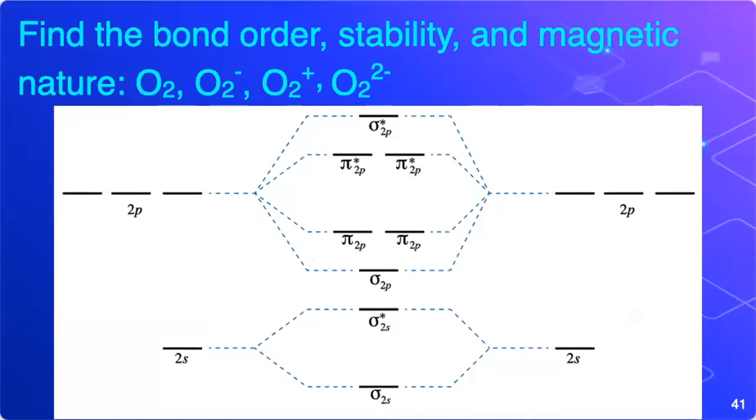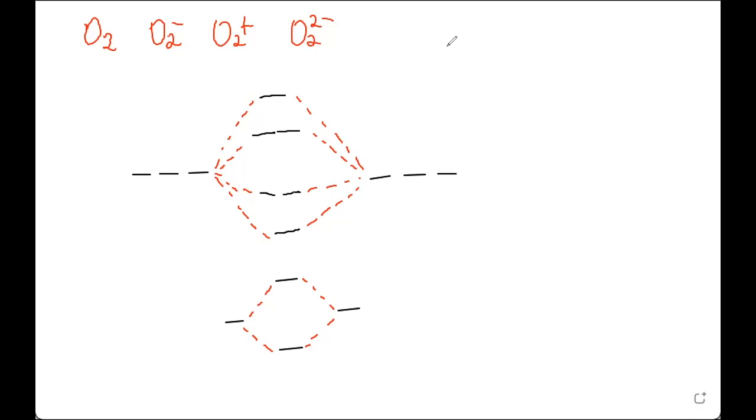Okay, let's have another set of examples. So we have O2, O2 negative, O2 positive, and O2 2 negative. So let's start with O2. So we have 2 dito, 1, 2, 1, 2.